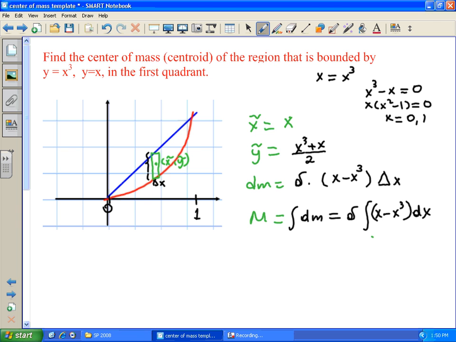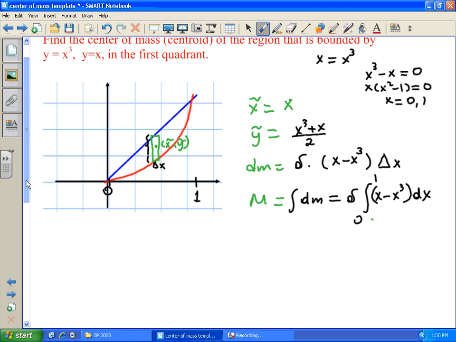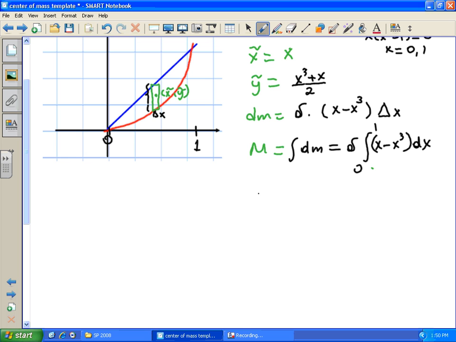So we're going to integrate from 0 to 1. So we're getting a half minus a fourth. In other words, just a fourth, or density over 4 is our total mass of the region.